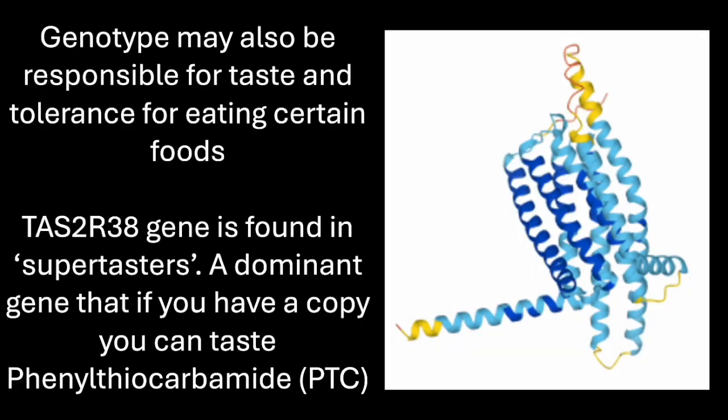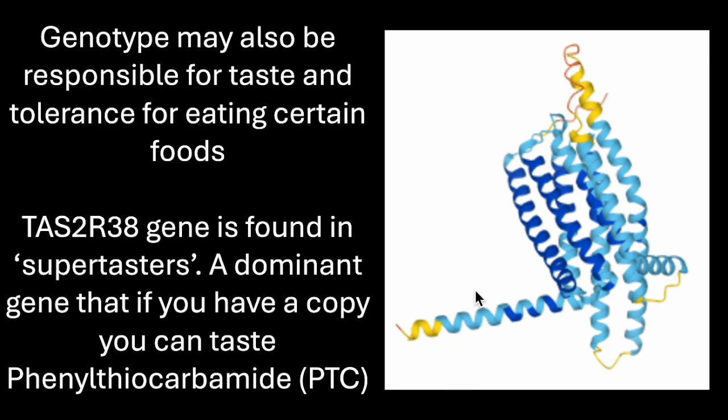One example of this is that there are super tasters, and there's a gene that determines if you're a super taster or not. It's a dominant gene. If you have a copy, you can taste this PTC, which they put on a paper to determine if you're able to taste it or not.